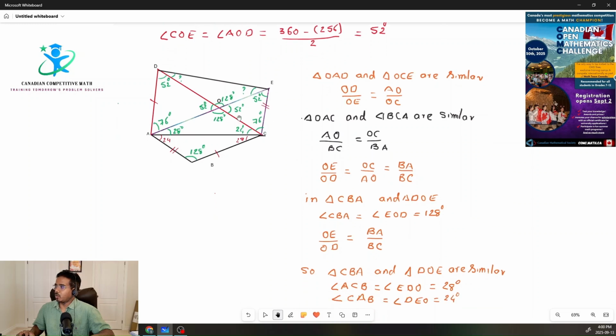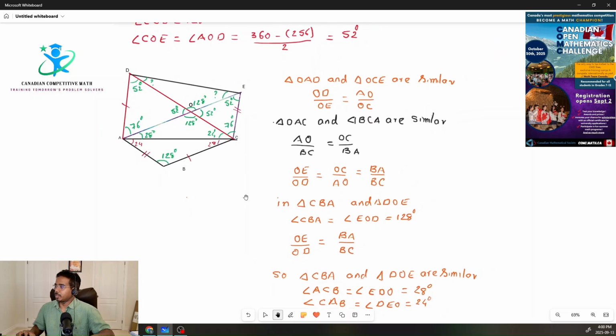Similarly, triangle OAC and triangle BCA are similar. So AO by BC will be equal to OC by BA. From this we can derive that the ratio OE by OD will be equal to OC by AO will be equal to BA by BC.